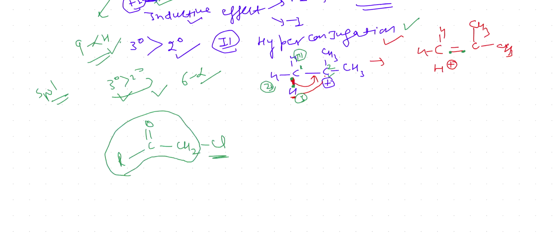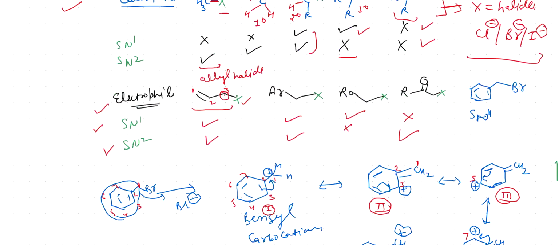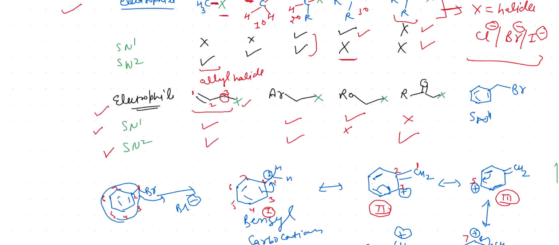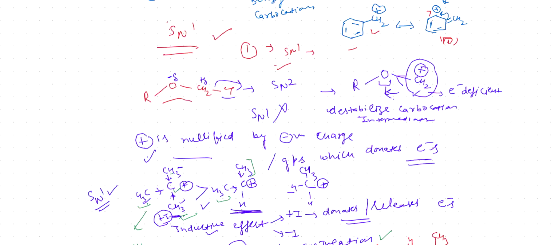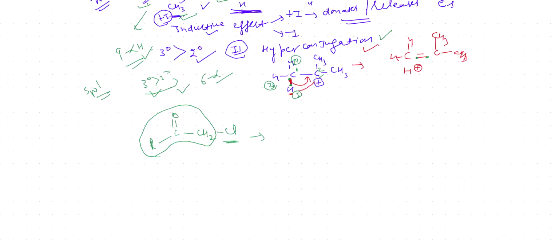It follows the SN2 mechanism instead of SN1. Let me explain with an example. It is following the SN2 mechanism. If it were to undergo the SN1 mechanism, we are just supposing what will happen.